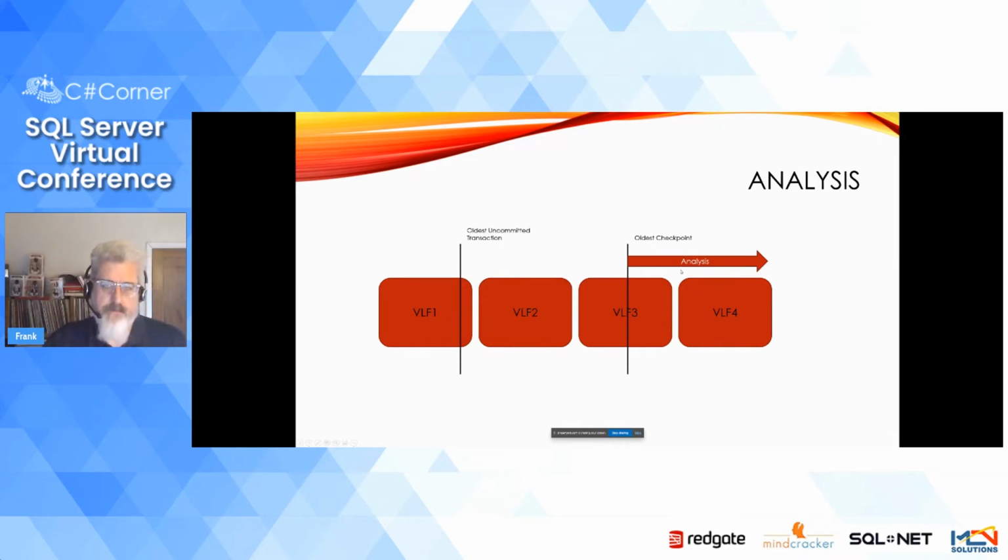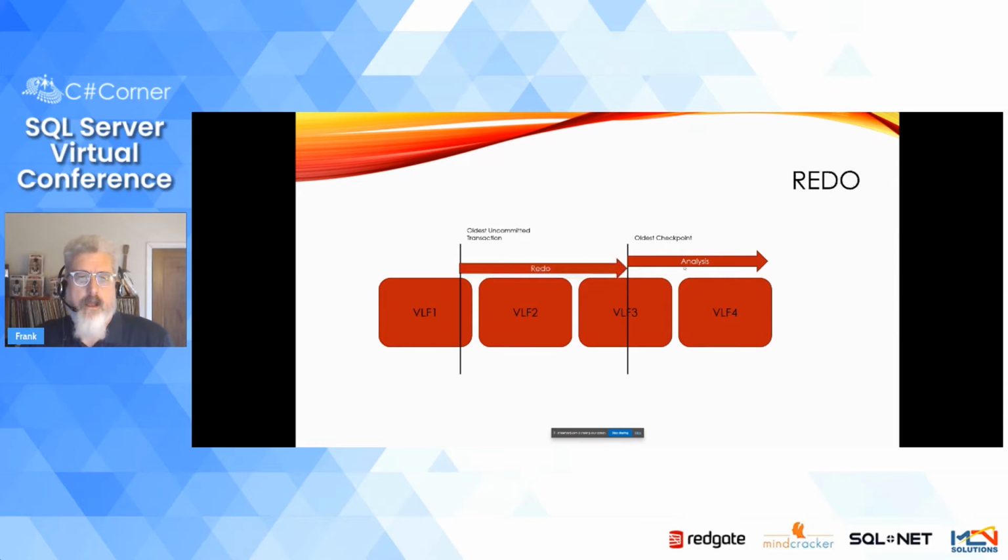And this will allow it to find both the transactions that committed but did not flush to disk. It does the redo from that oldest uncommitted transaction going forward, and then the undo from that oldest checkpoint going backwards. And this can cause some problems if code is not written to process transactions in an optimal way.